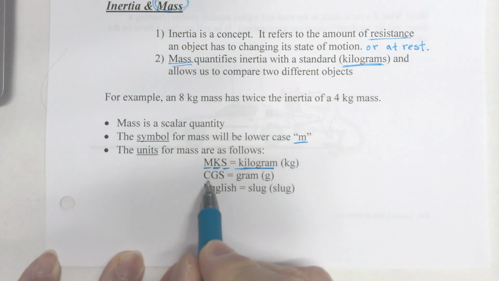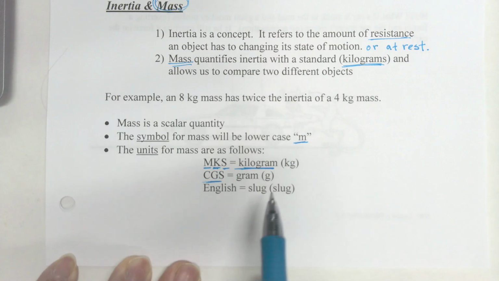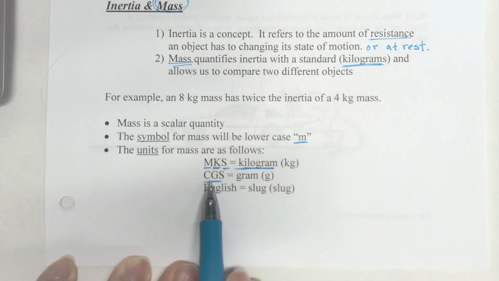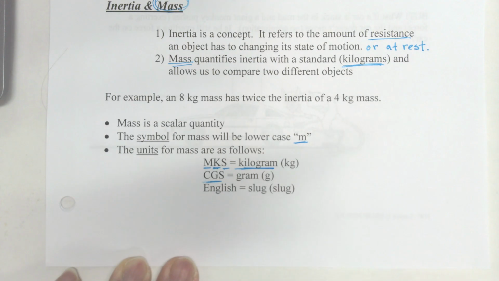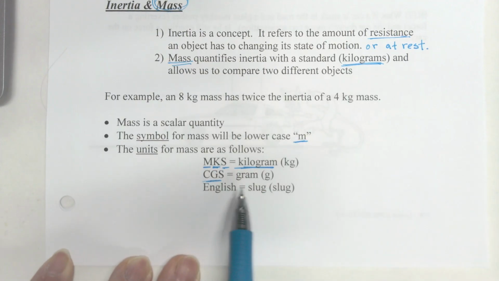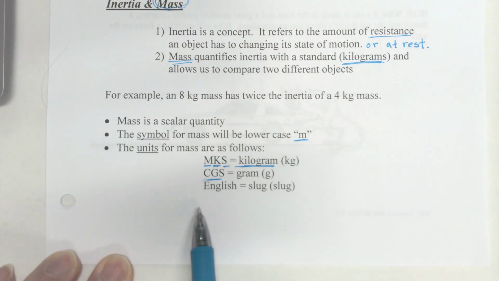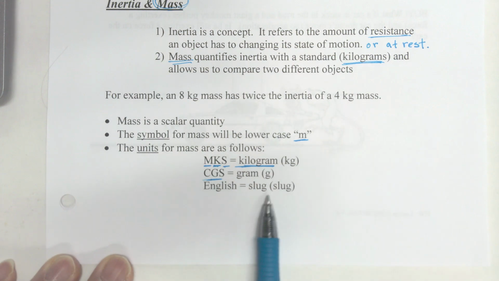In the CGS system, the one chemistry people use all the time, CGS is centimeters, grams, seconds. We're not using grams here because we're playing with much more massive objects. Physicists, we like to go big. Chemistry people, they play with small stuff. In the British system, mass is measured in slugs. I don't think this is like those slimy creatures that come out after rain and leave slime behind.